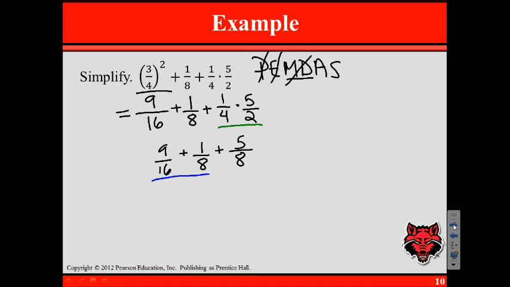As you work that out, and to save time, I'm not going to do so, you'll find that the LCD of those two numbers is 16. So the first fraction is okay. 9 over 16 won't change. It does not need an equivalent fraction. 1 over 8 does. So we multiply both numerator and denominator by 2. That would become 2 over 16.